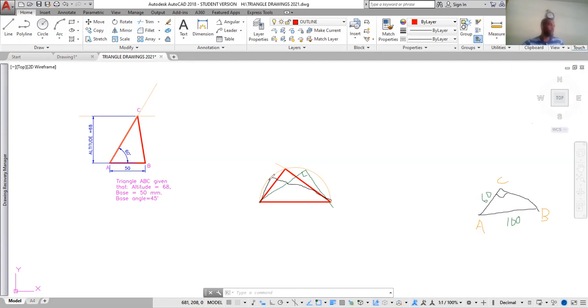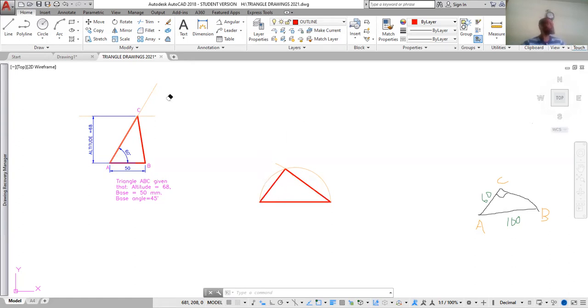Again, this angle is 90 degrees. Start at this end of the base, go to this point, come down. So anywhere you go on the circumference, the angle will always be 90 degrees. Something to take note of.